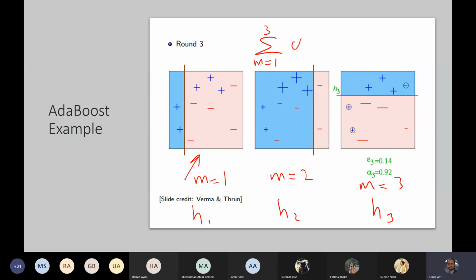Then you have the quality, or the classifier coefficient alpha m, and ym is the output, or you can say hm, the output of the mth classifier on the data set, and this is how you compute the final output. Okay, whether you have to assign it a plus sign or a negative sign. So the m is simply the classifier number, or the round number, or the iteration number.